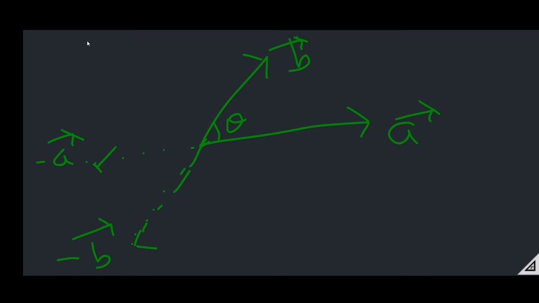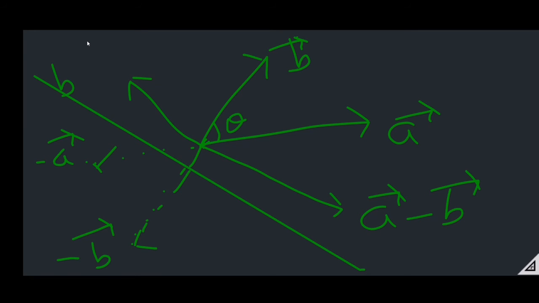And you know a vector minus b vector is in this line, and b vector minus a vector is in this line, and the angle between b vector minus a vector and a vector minus b vector is exactly 180 degrees.